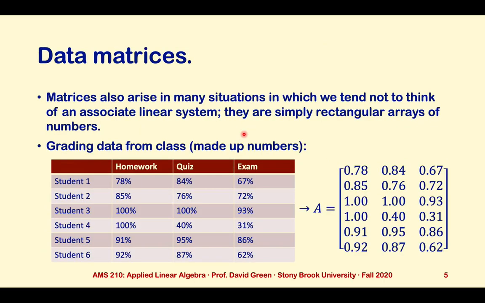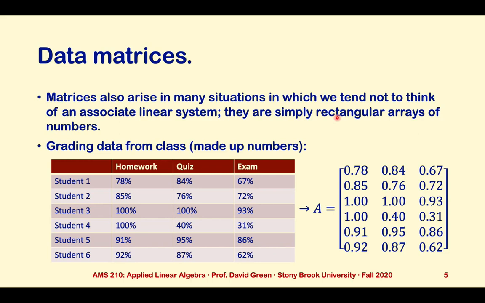But matrices also can arise in different situations where we don't really think of them associated with a linear system or a system of equations. That doesn't mean there isn't such a system of equations, but it's not how we naturally think about the problems. Rather, we think of them simply as rectangular arrays of numbers.